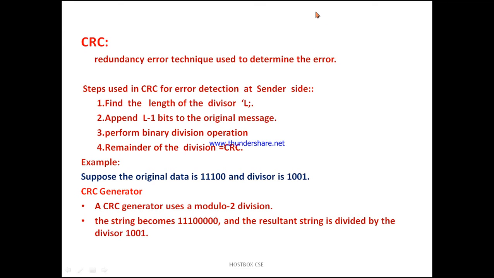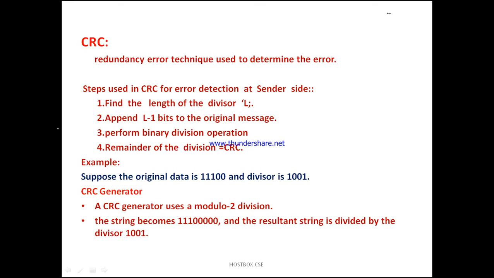If both inputs are 0, the output is 0. If the inputs are different, the output is 1, and if both inputs are 1, the output becomes 0. So let's cover today's session on how to solve this problem.